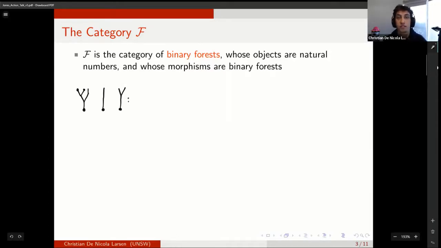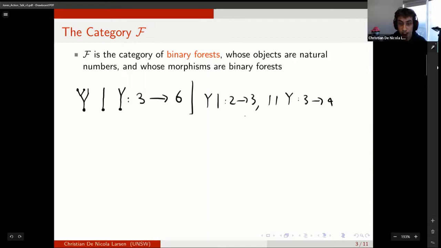We want to see this as a morphism in some category. The way that we do this, remembering that our objects are natural numbers, is that we consider this as a morphism from the number of roots to the number of leaves. So in this case, we have a morphism from 3 to 6. The way that composition works in this category is via stacking. If I take a morphism from 2 to 3, let's say, and a morphism from 3 to 4, then this is going to give me a morphism from 2 to 4 by stacking.